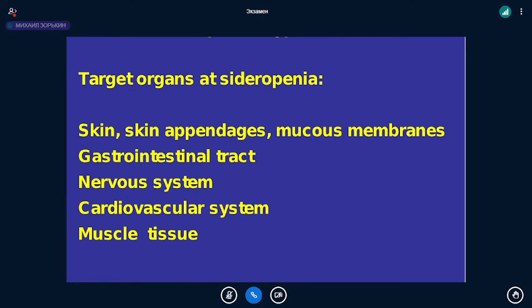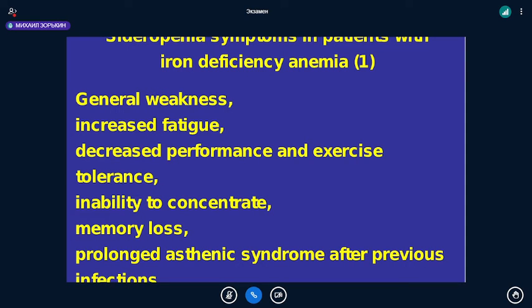Here is sideropenia: symptoms caused by iron content depletion, a decreased iron supply. That is associated with certain problems of the skin, GIT, nervous system, cardiovascular system, muscle tissue. The symptoms of anemia and sideropenia cannot be differentiated for sure because they are quite similar.